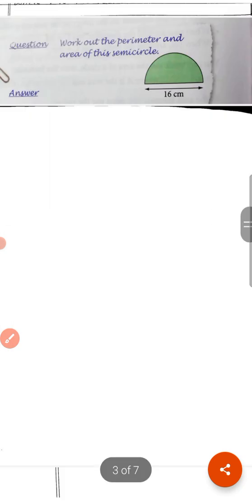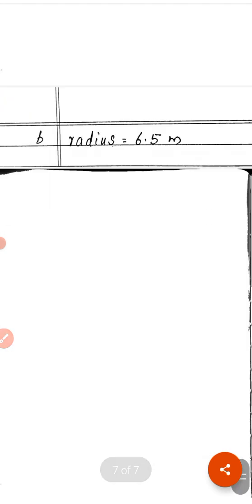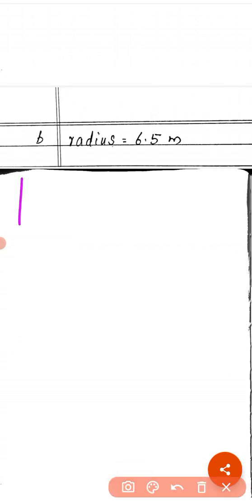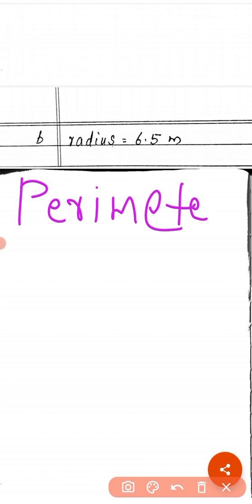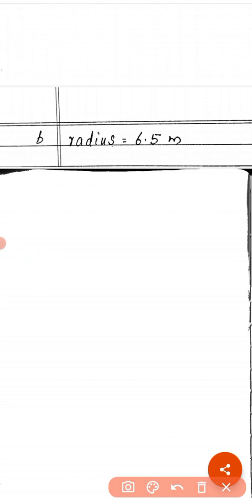Let me explain one more example. Here the radius is given, that is 6.5 meter. Radius is given, so you can use this formula: perimeter is equal to pi r plus 2r.